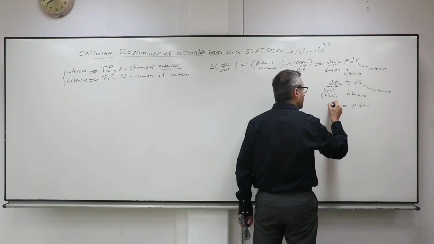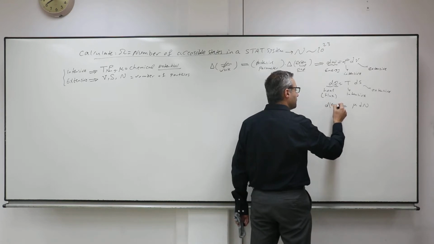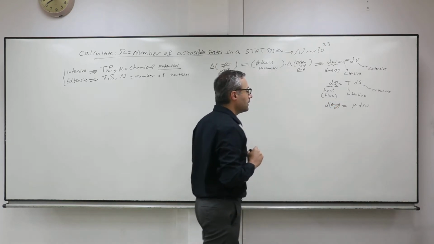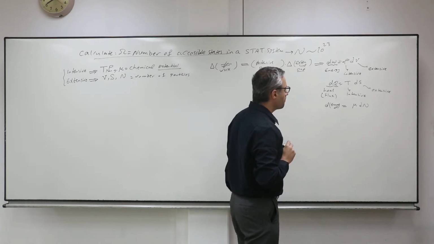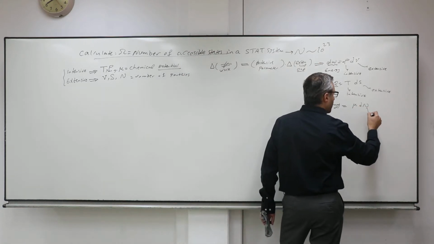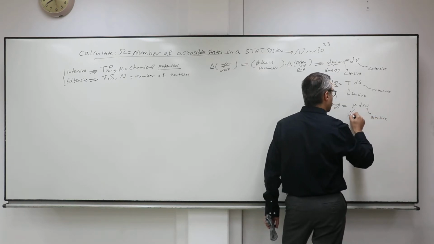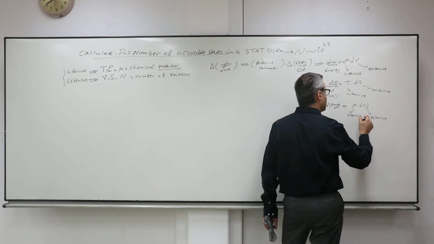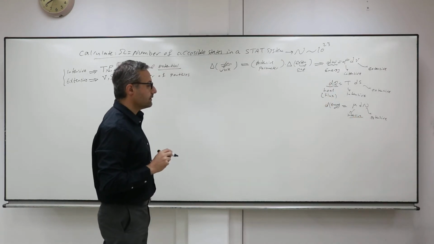It could be a change of some type of energy also. Again, N is the extensive parameter and mu is the intensive parameter. But this is not the concept I want to focus on today.